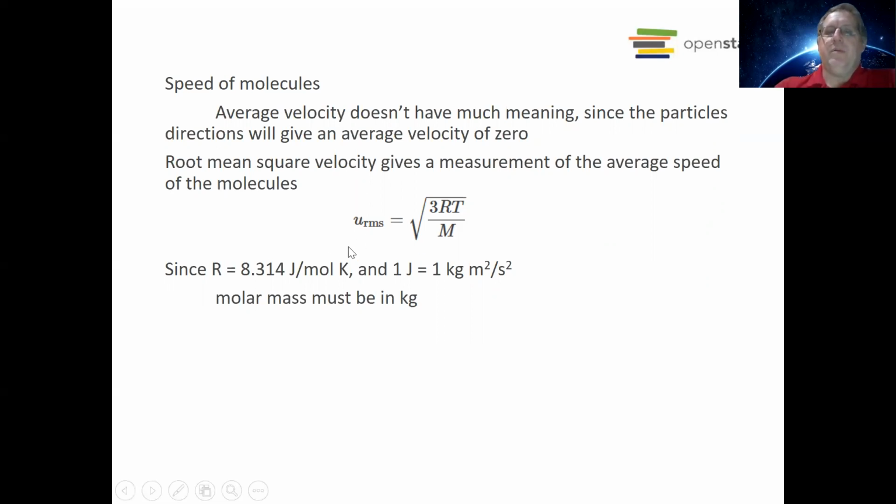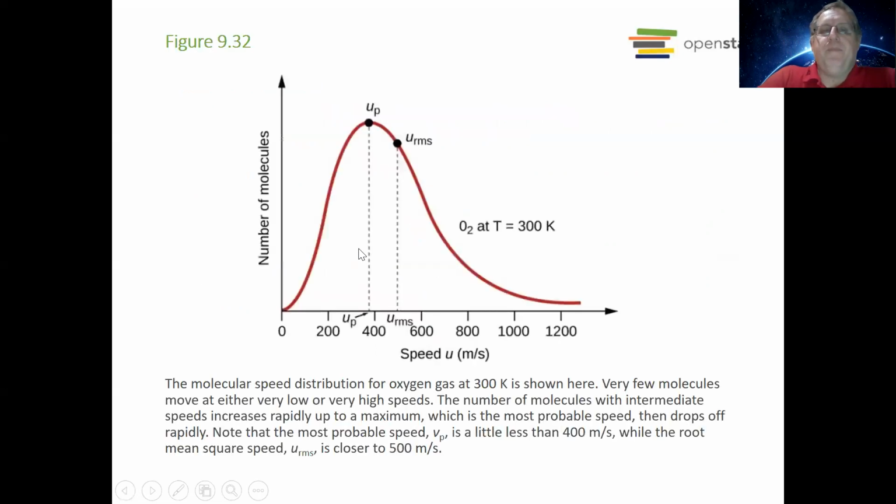Without going through the derivation, the root mean square velocity is equal to the square root of 3RT over m. R is our ideal gas constant, and in SI units is joules per mole Kelvin. Since a joule is a kilogram meter squared per second squared, you need to have your molar mass in kilograms in order to calculate correctly.